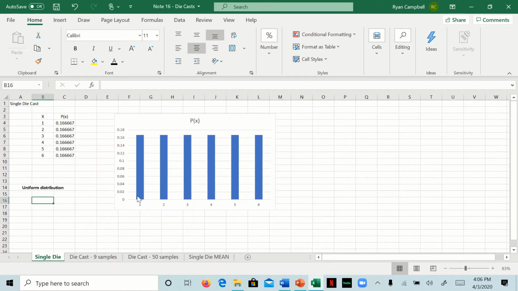Cool. And this works for anything, because again, it started off as a uniform distribution.